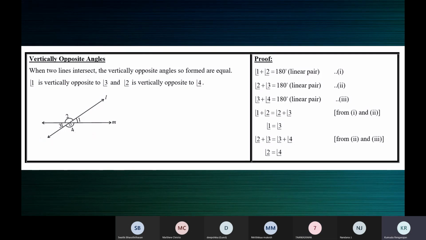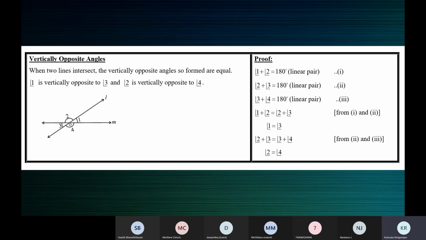See, we've been talking about two angles. We spoke about supplementary angles, complementary angles, adjacent pair, linear pair. Here, vertically opposite angles is also about two angles. Angle 1 and angle 3 form a pair of vertically opposite angles.